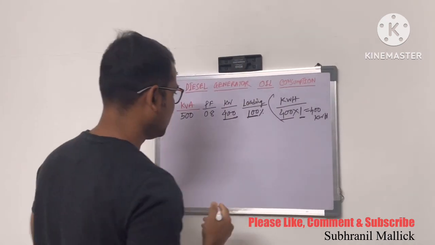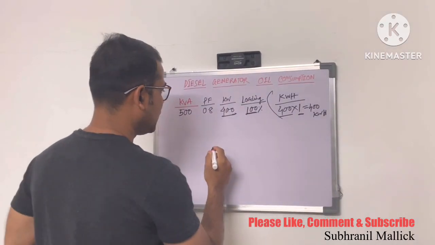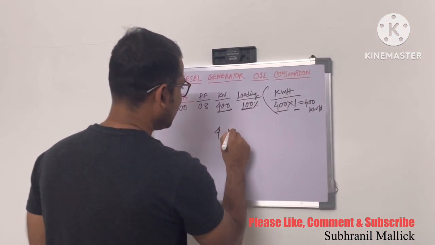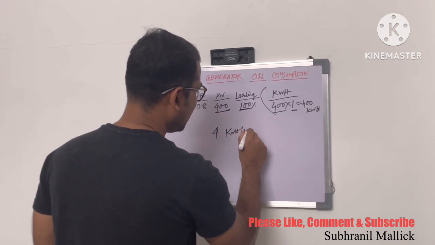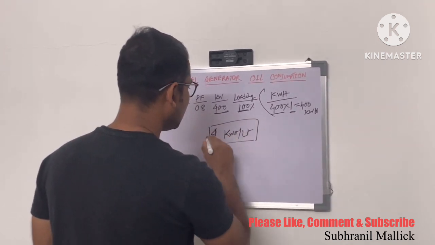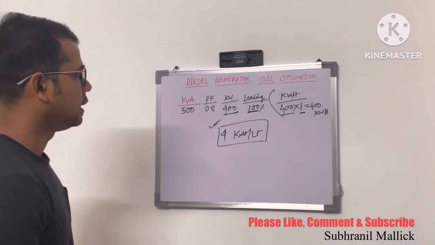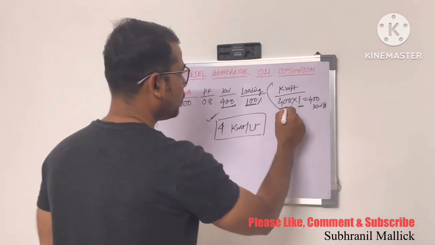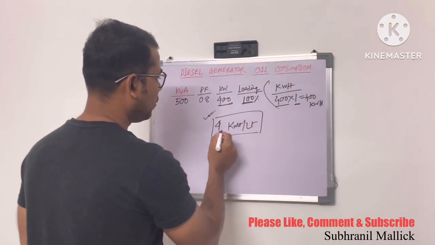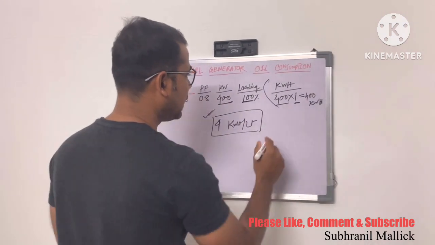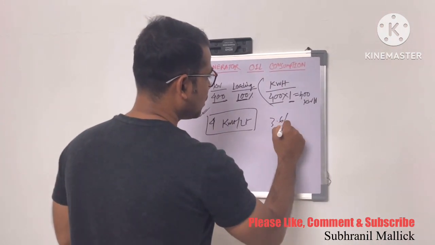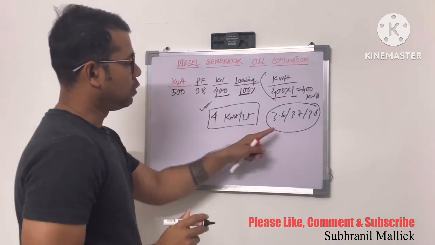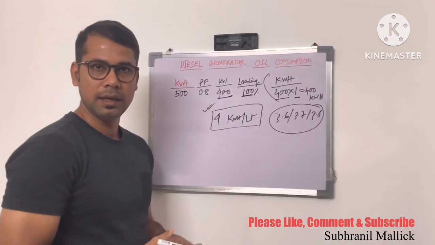Most of the popular or renowned DG manufacturers like Cummins keep 4 kWh per liter. They use this data for the design of their diesel engines, so we will go ahead with this data. Practically it remains 3.6, 3.7, 3.8, and it also depends on the way you maintain the diesel generator.